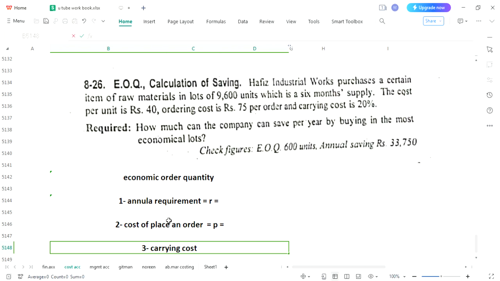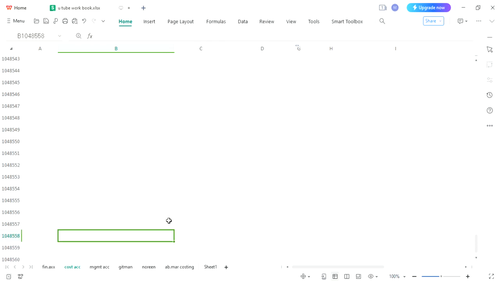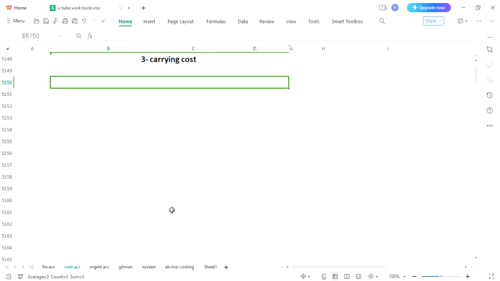The first factor is to see if carrying cost is given as an amount. You don't need to calculate it; the direct amount would be given.